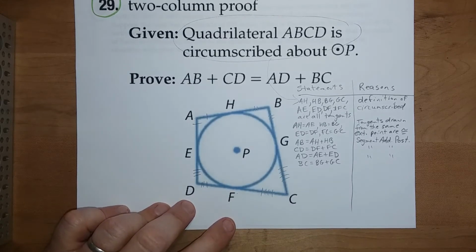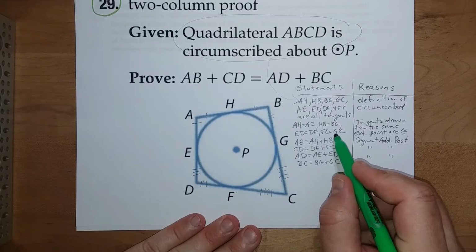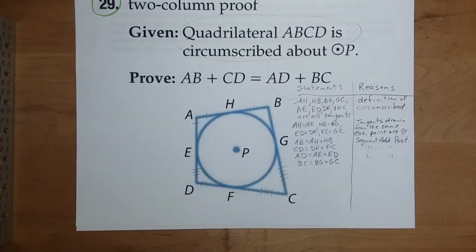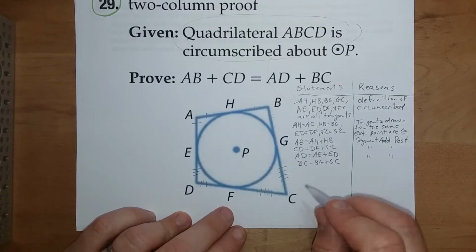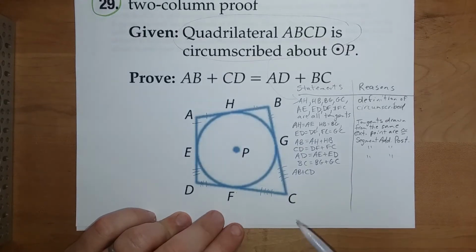So now I just want to focus on, I'm going to highlight these two really important, oh, there's one more step. I'm sorry, I missed this step. I can also say that AB plus CD, this is what we want to do first.